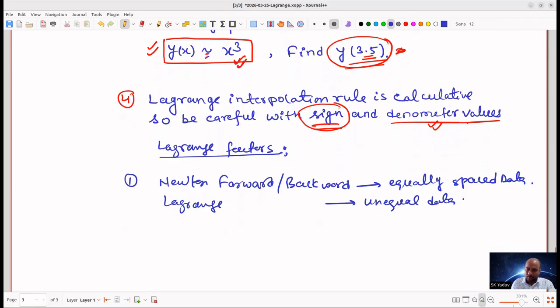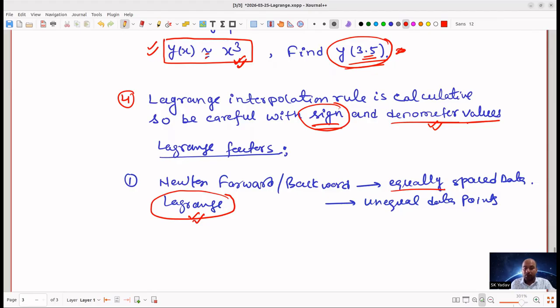Actually, Lagrange is the more general method because it is applicable whether the data points are equally spaced or unequally spaced. You can always apply the Lagrange interpolation formula.